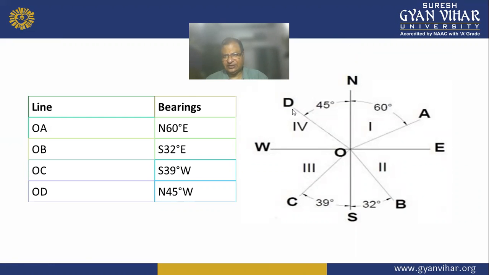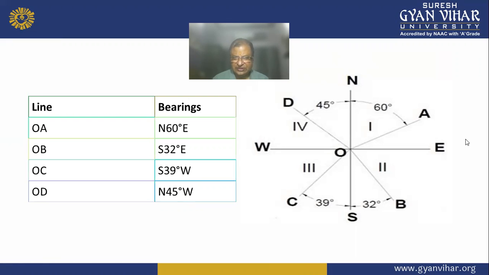Now you will see this. This is OA, this is the line. The bearing is N 60 degrees E, 60 degrees east. It means the angle is measured from north towards east or west.